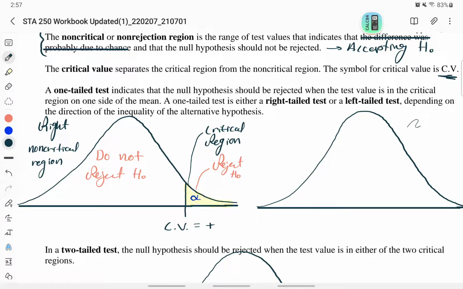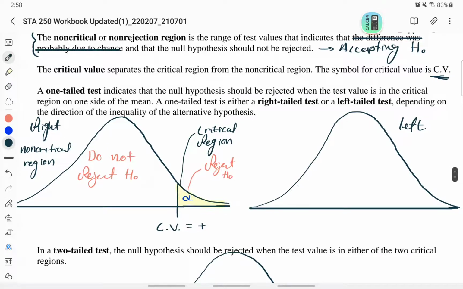Now, if this is a left tail test, it will look similar to the one for right tail, except the critical region will be on the left side of the normal distribution curve. And because it is a left tail test, the critical value is negative, so I'm going to put a negative sign there.